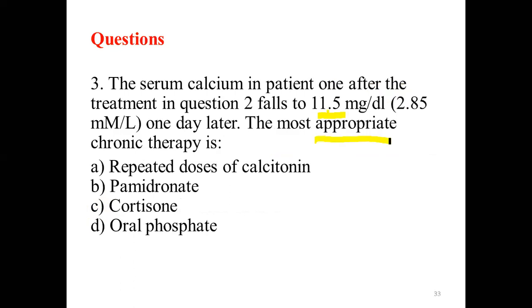Now, what is the most appropriate chronic therapy for this patient? Repeat the dose of calcitonin, pamidronate, cortisone, or oral phosphate. So what will be the most likely agent for chronic therapy of hypercalcemia?